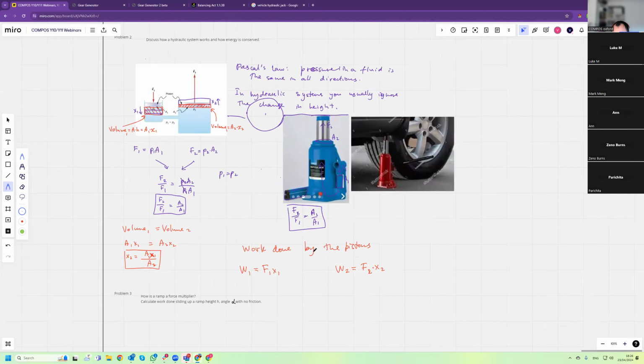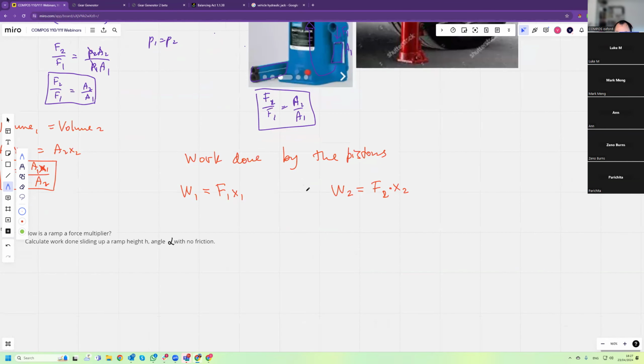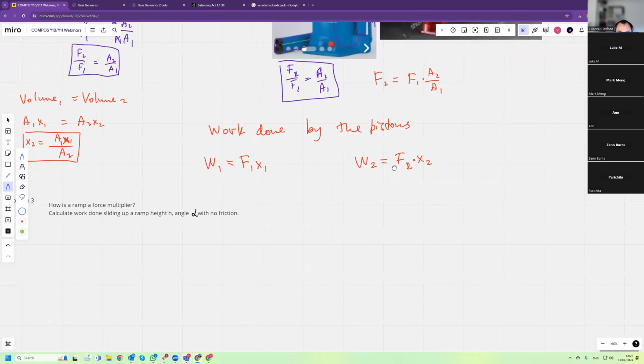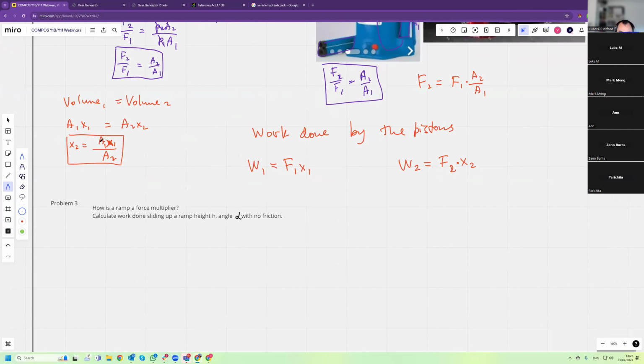They have a very different force. Well, let's express the force F2. F2 can be expressed as F1 multiplied by A2 over A1. And we already know that X2 can be expressed as A1 times X1 over A2. So we can simplify this.